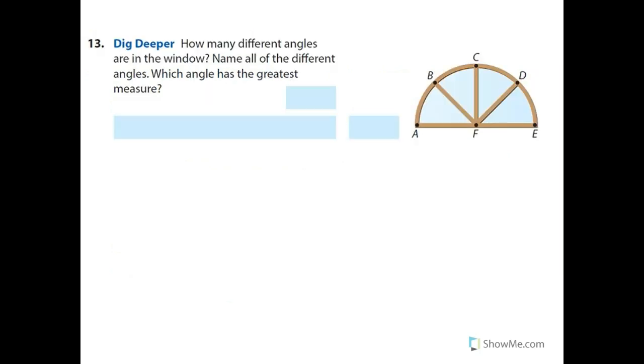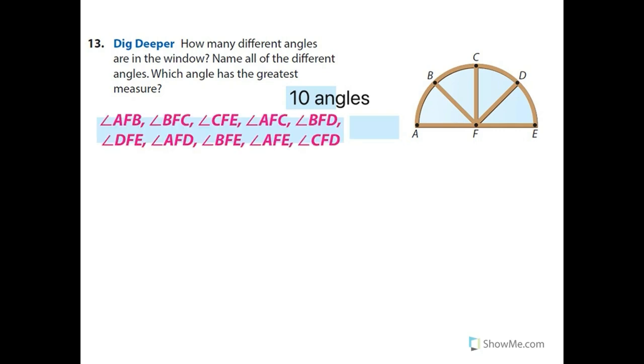Our dig deeper. How many different angles are in the window? Name all of the different angles. Which angle has the greatest measure? This is pretty difficult, so here's what I'm going to say. 10 angles. Oh my goodness. And here are the names of those angles. That's a lot of angles, isn't it? 10 different angles.